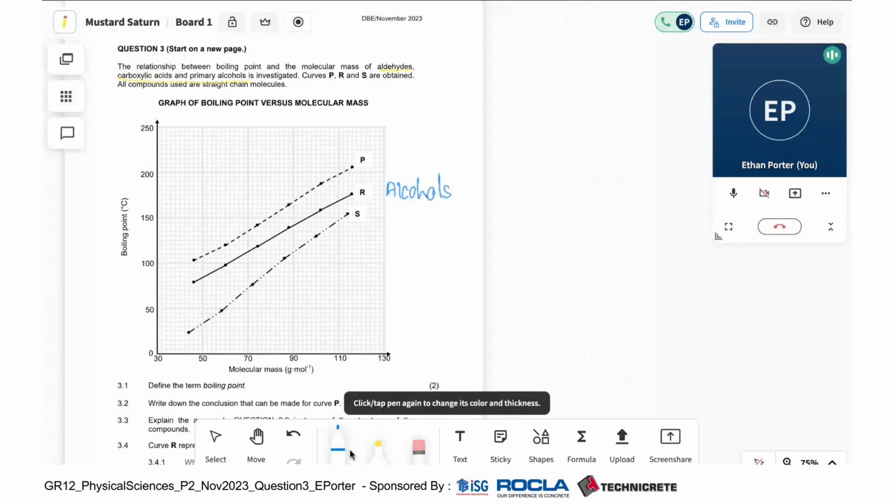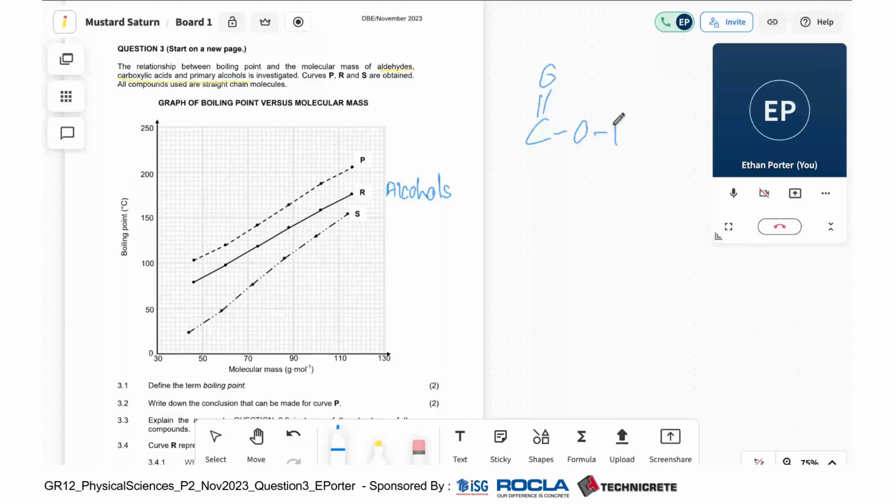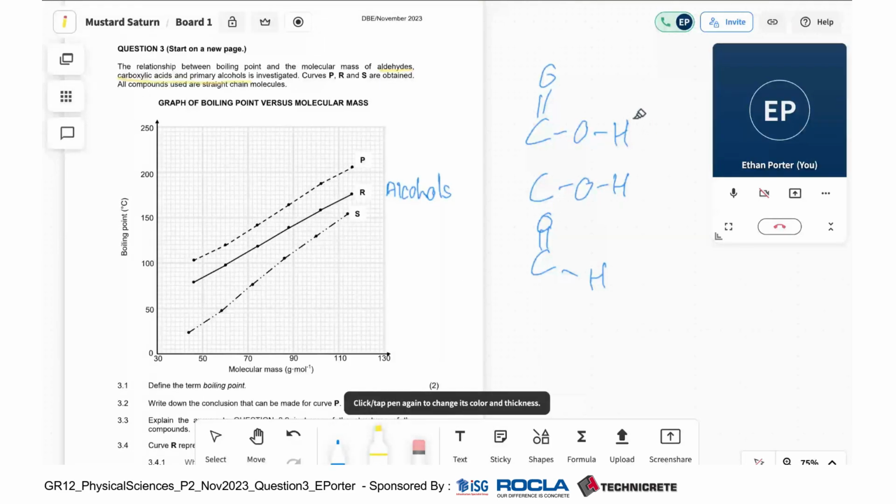So carboxylic acids, if we just remind ourselves, have the functional group C double bond O O H. Alcohols, C O H, and aldehydes, C double bond O H. So what we can see here is that carboxylic acids and alcohols have this OH bond, which means they're capable of hydrogen bonding.